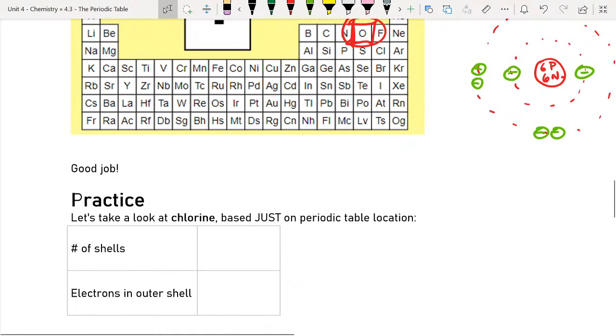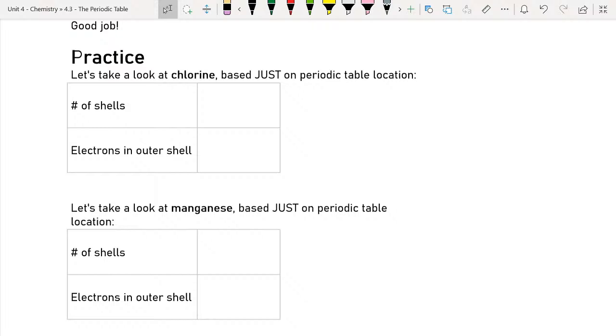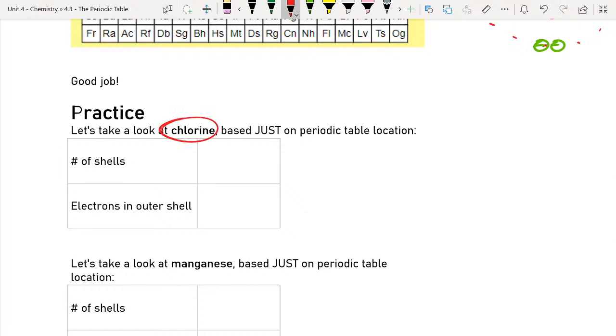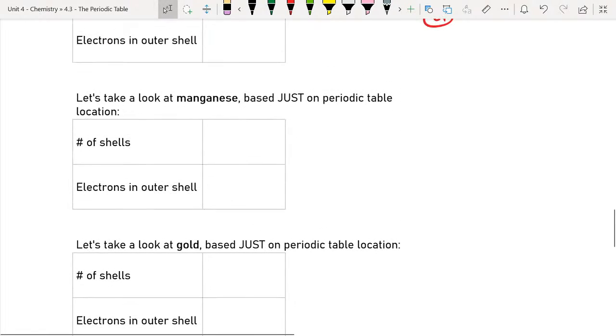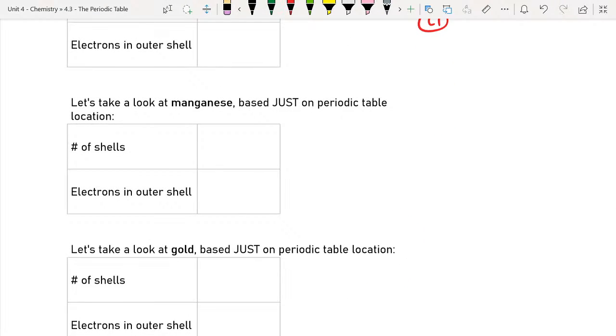So anyway, here's what we're going to do. I want you to take a look at chlorine, and just based on its location on the table, I want you to tell me how many shells, how many electrons in the outer shell, and then if you could even draw a little sketch of it, that'd be great. All right? And then you're going to do the same for manganese, and then you're going to do the same for gold, though these are pretty big, so you might not want to sketch them.